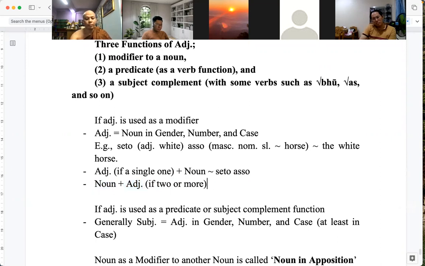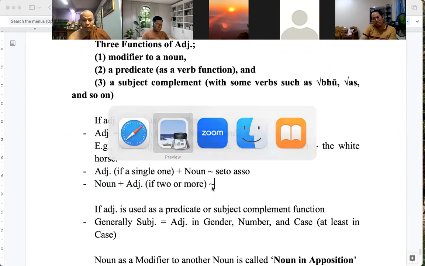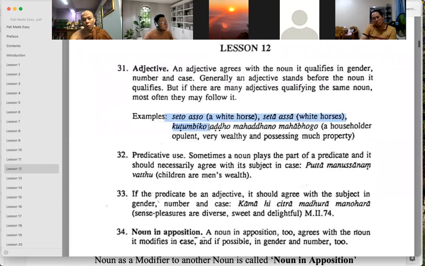Here is an easy example in Pali: gahapati aḍḍho mahaddhano mahābhogo, with three modifiers. Gahapati means householder, a noun. That gahapati, householder, is modified by aḍḍho, one adjective, mahaddhano, another adjective, and mahābhogo. Aḍḍho means opulent, actually they are synonymous, meaning rich, very wealthy, possessing many things.